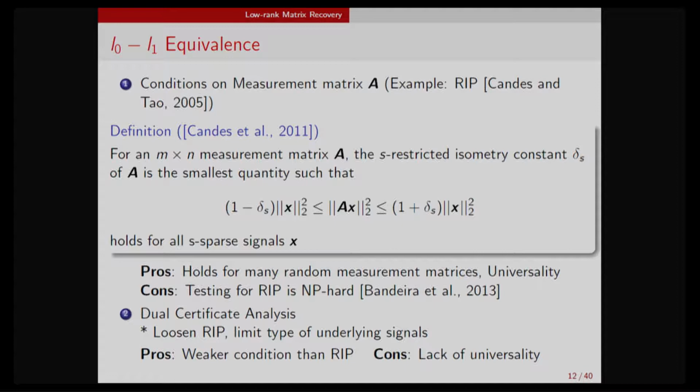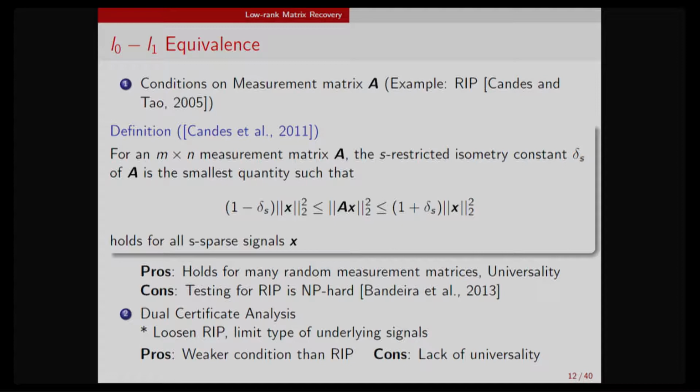If you put this condition on the matrix, then you get this equivalence between the L0 and L1. The pros are that this holds for many random measurement matrices, and once I fix this matrix, for any x, this equivalence holds. But the con is that for deterministic matrices, we don't know whether it holds. Checking whether this property holds is NP-hard.